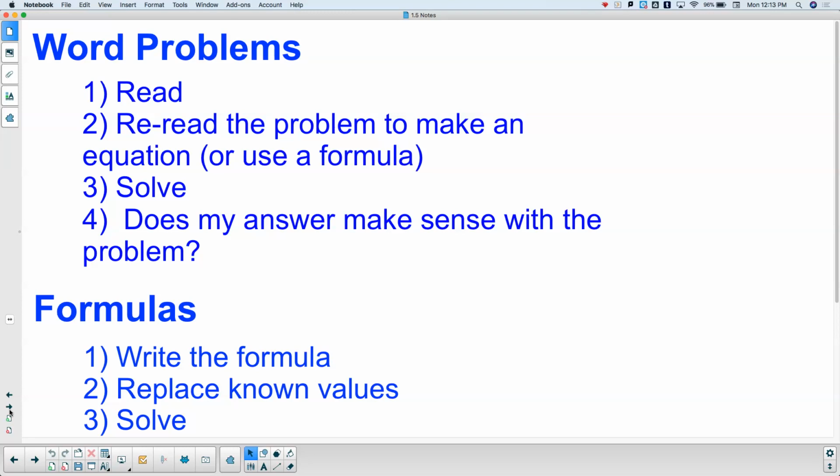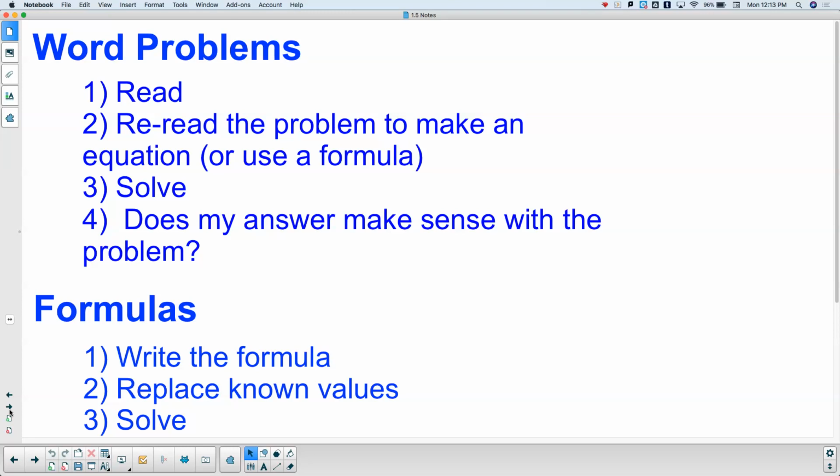Now you may be saying to yourself, well, duh, Liz, but you would be shocked, I say, at how many people try to make up something off of the numbers that they see in a word problem without reading it and understanding, one, what they're looking for, and two, what they're given. That's why we read it first.